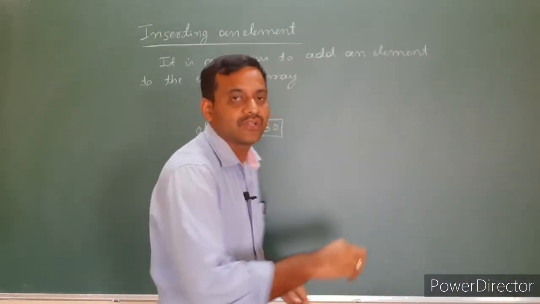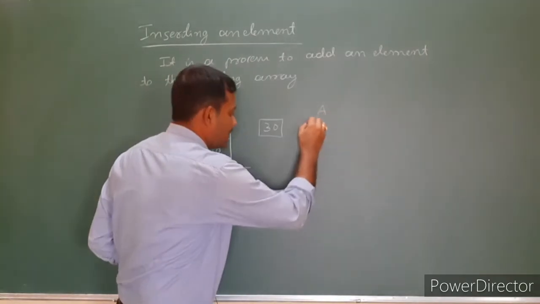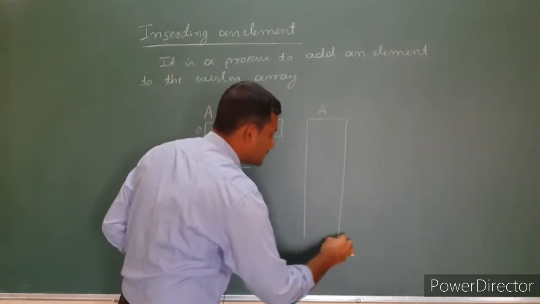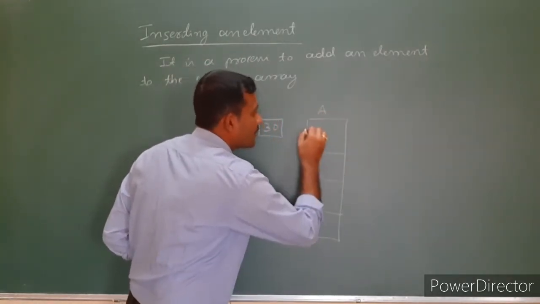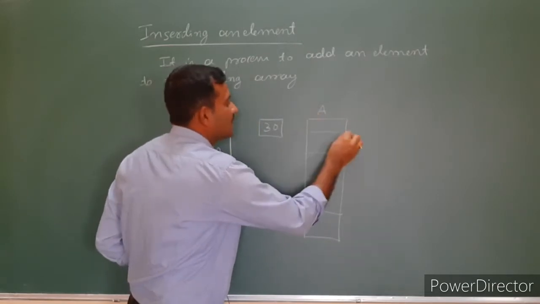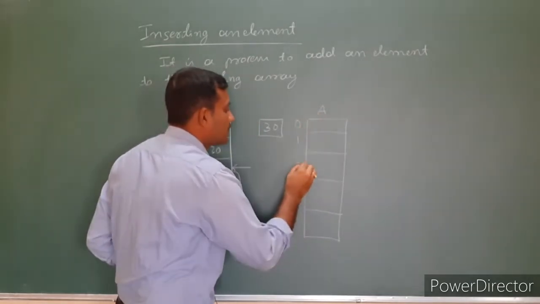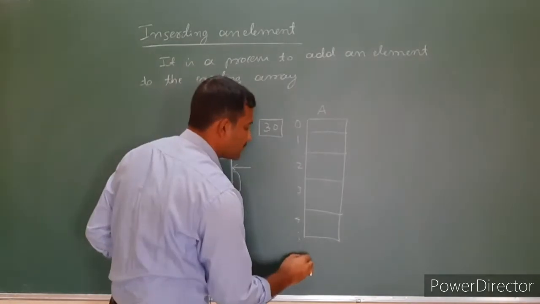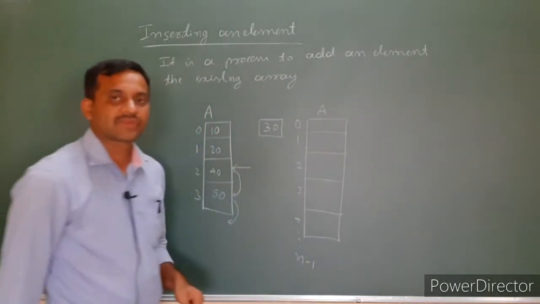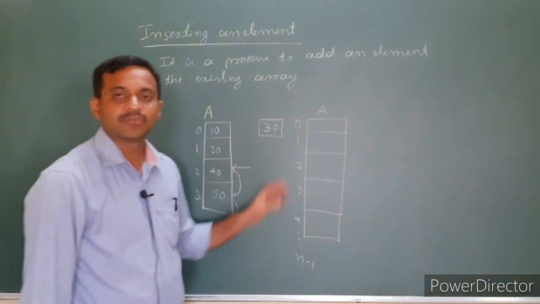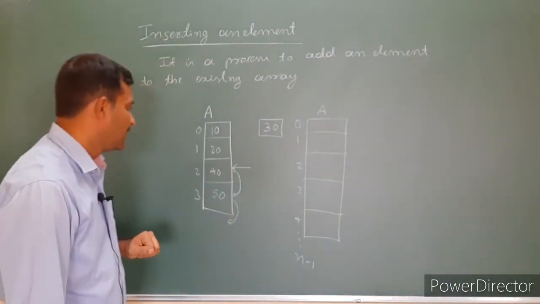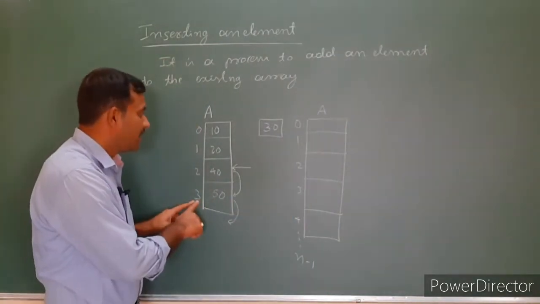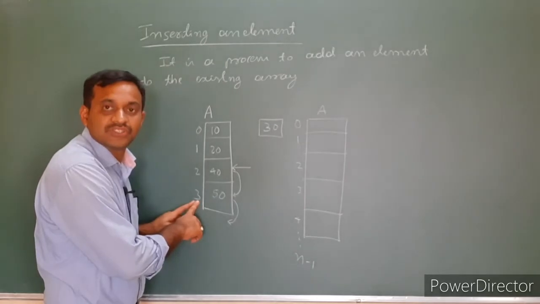See here how to insert. A is an array having n number of elements. Then indexes are 0, 1, 2, 3, 4, and so on up to n minus 1. Then how to insert? There is an element at position 3.